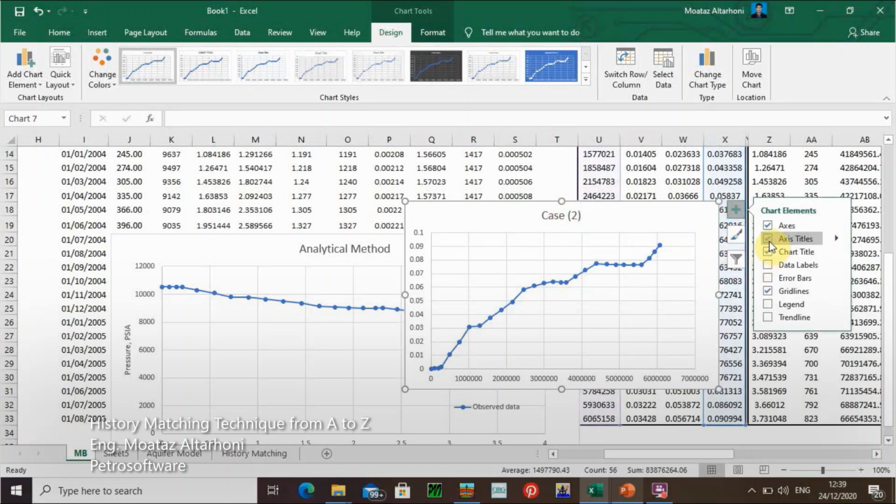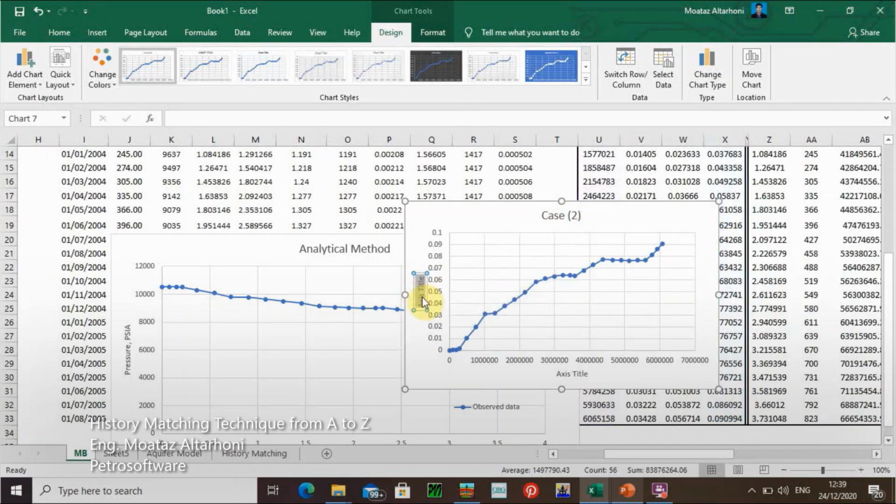What's on the y-axis? As usual, F, and here epsilon O plus the expansion term, in stock tank barrel.